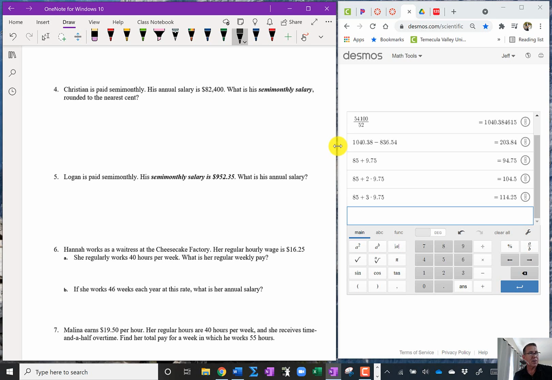So for the semi-monthly period here, there's 24. All right, so let's go from annual. Let's take 82,400. All right, this is dollars per year. Okay, and we understand that there's 24 semi-monthly periods. The keyword is semi-monthly.